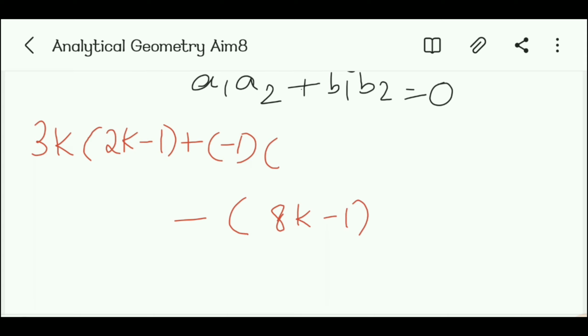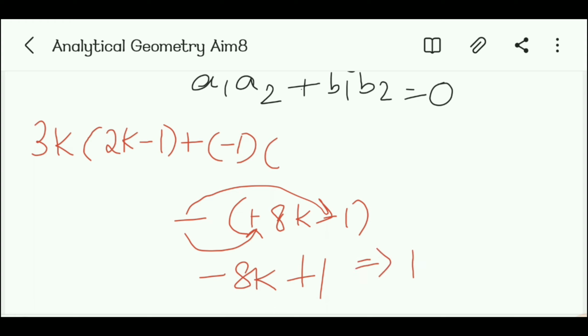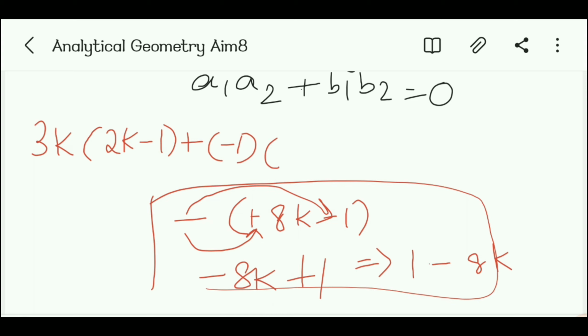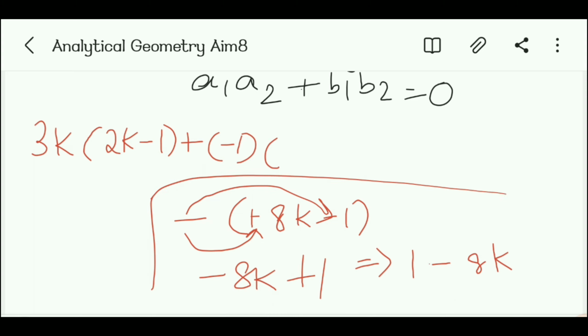So now just multiply it. Here plus is there, right? Minus into plus, minus 8k; minus into minus, it is plus 1. So this will be 1 minus 8k. That's why I am writing this value directly. Understand it.